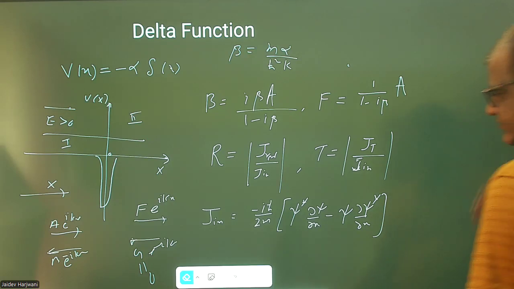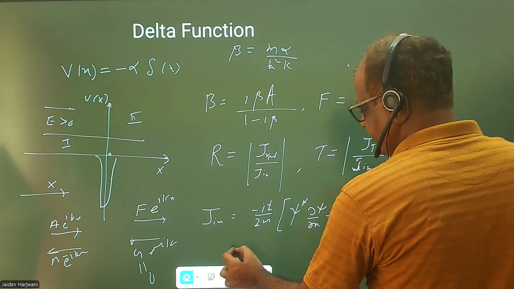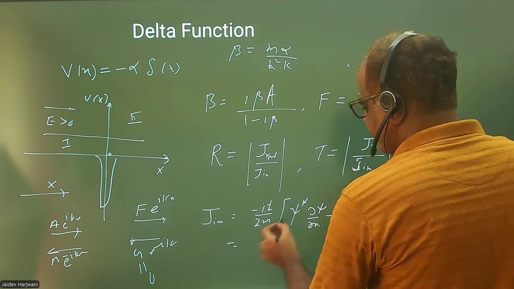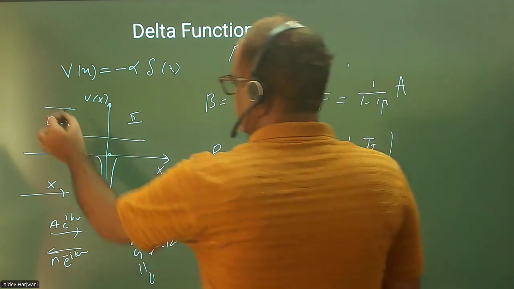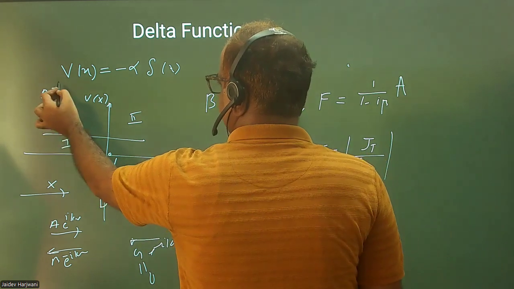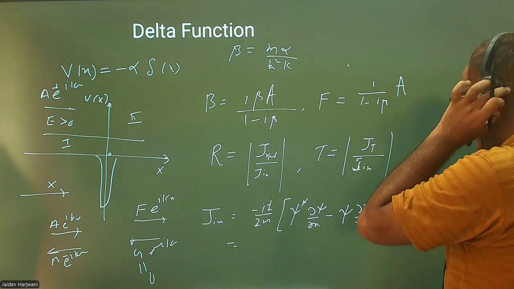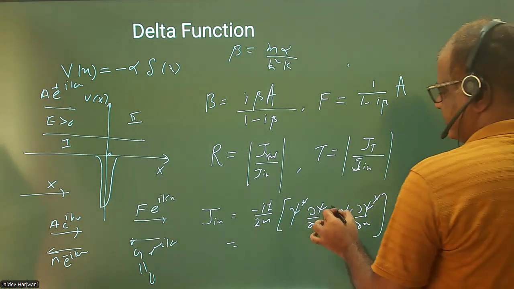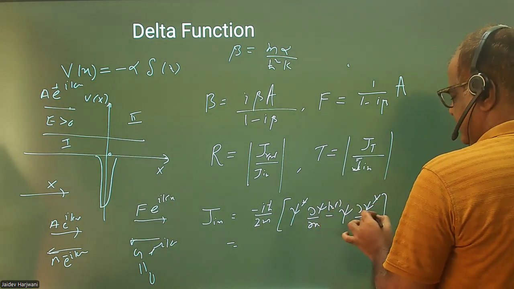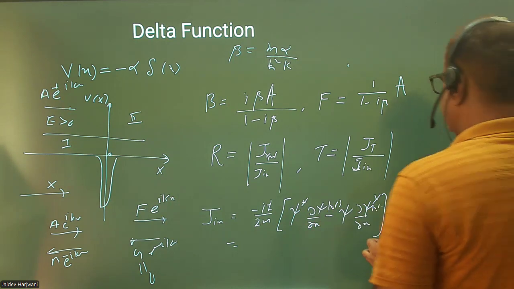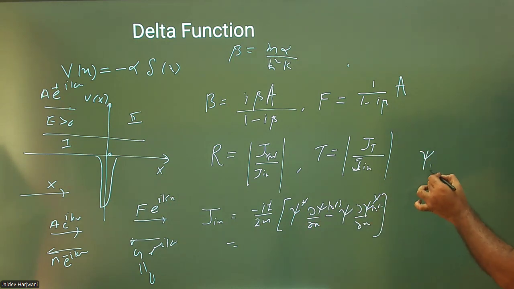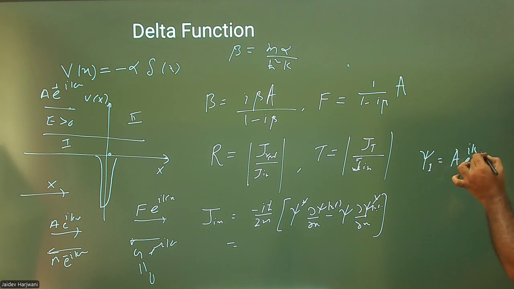We know the function in region 1, so J incident is with e power plus iota kx, and if you want, you can write omega t also. So J incident is basically a e power iota kx minus omega t.